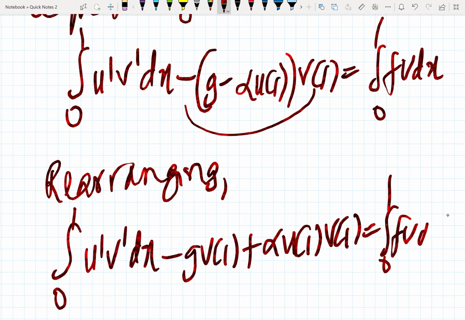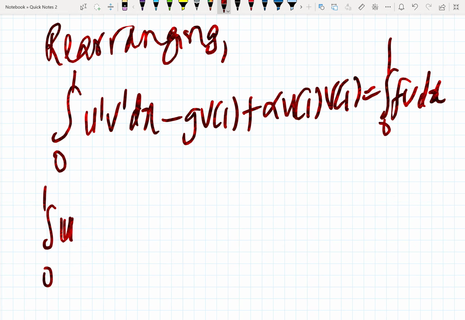We can rearrange all this to be the integral from 0 to 1 of u prime v prime dx plus alpha u of 1 v of 1 is equal to the integral from 0 to 1 of fv dx plus this g can go here, g v of 1.